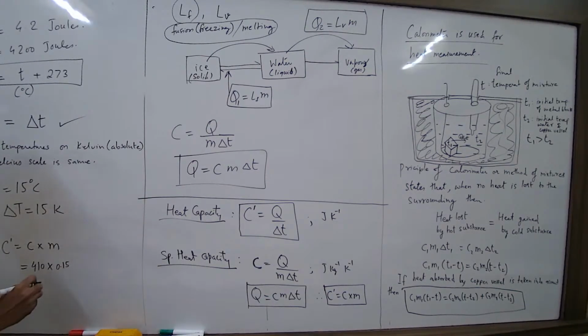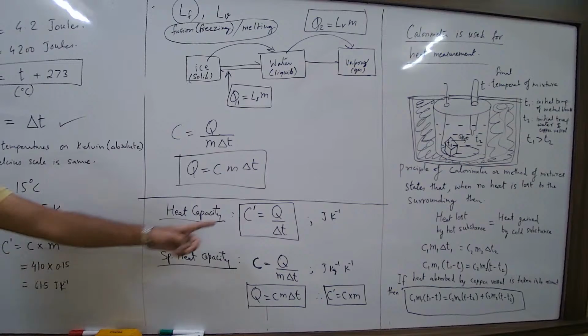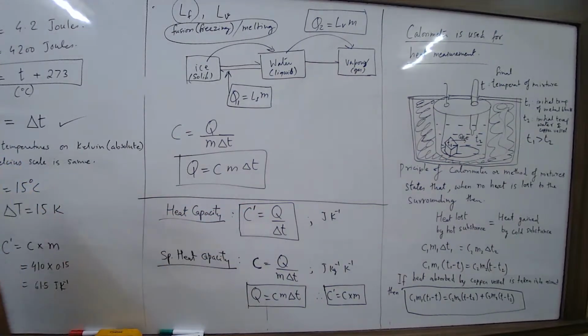So it is 61.5. And what is the unit? The unit is joule per Kelvin. So remember the unit from the basic definition: heat absorbed per unit rise in temperature.